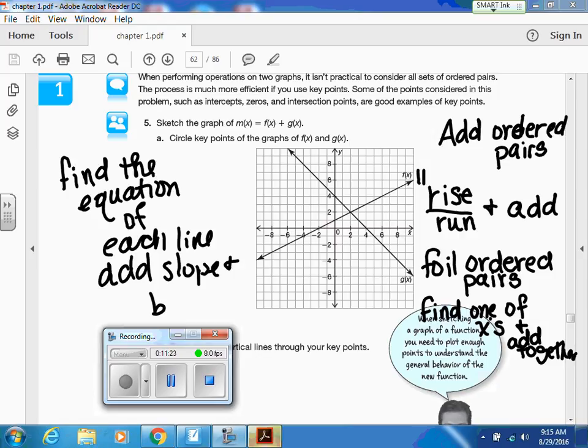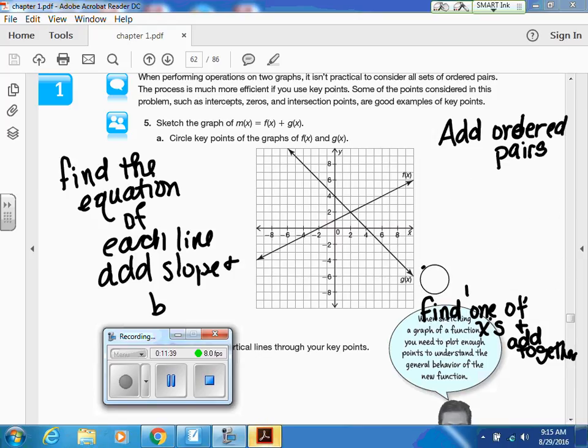Alright. Okay, I'm going to take part of 2 of these. Okay? I'm going to take this one. And this one.